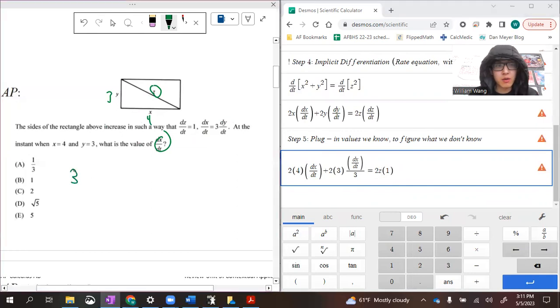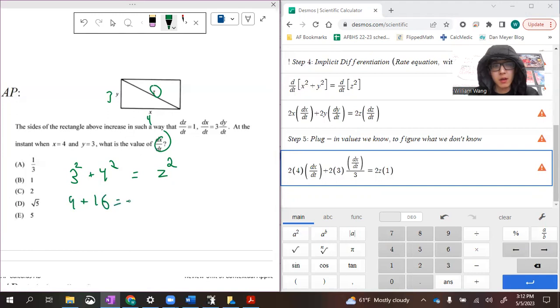I know 3 squared plus 4 squared should be equal to z squared. And some of you might have this pattern memorized, but if not, you can just solve it. 3 squared is 9. 4 squared is 16.